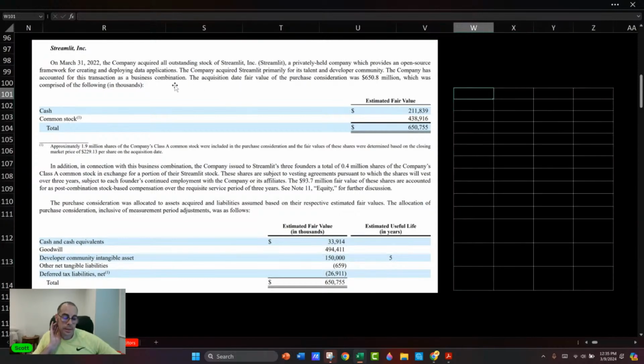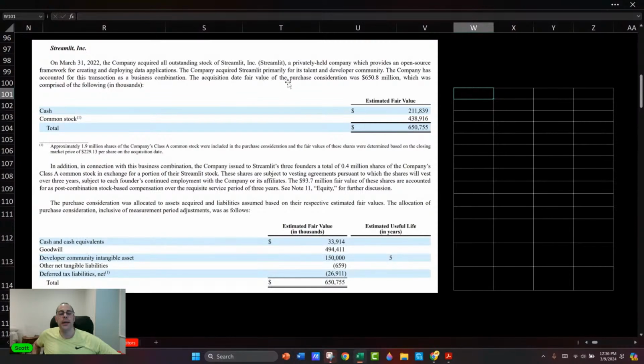Okay, so who are we looking at? Snowflake. So in March 2022, they acquired this Streamlit company, a private company. The company has accounted for this transaction as a business combination.